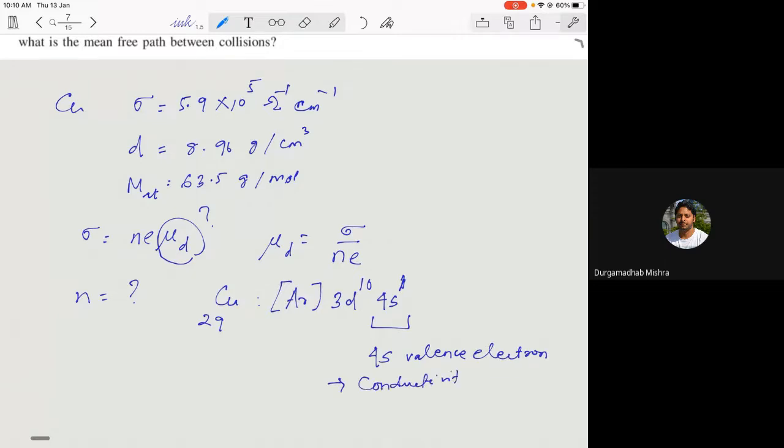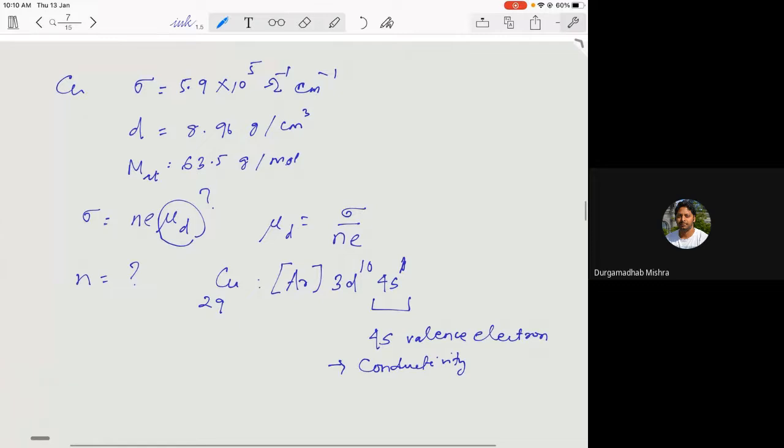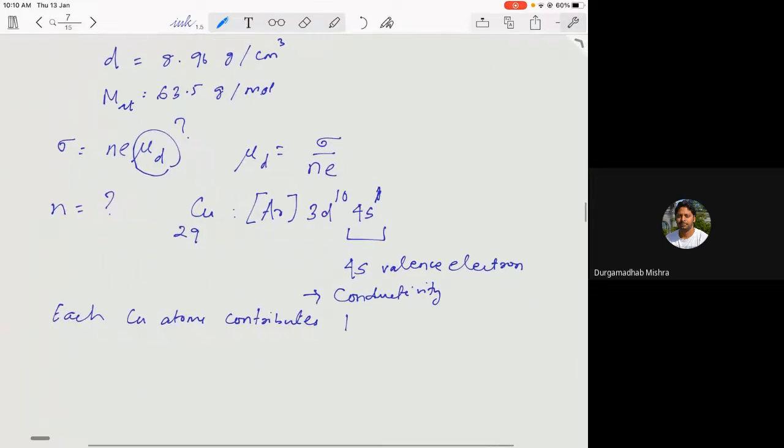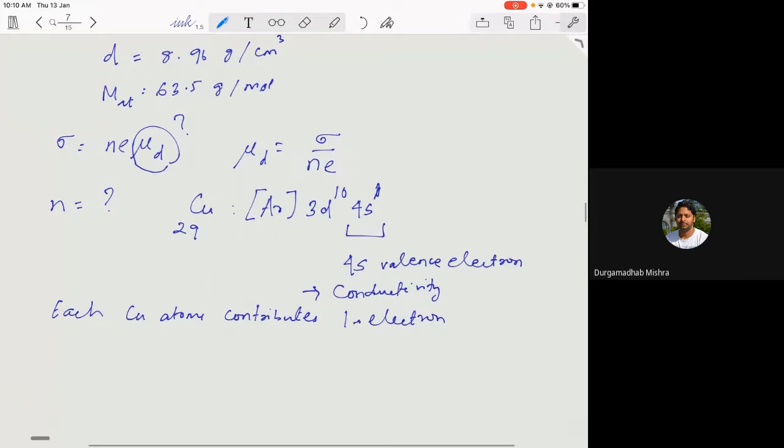And that means we can assume that each copper atom contributes one electron, which is the 4s electron, the valence electron, and this electron is responsible for the conductivity.